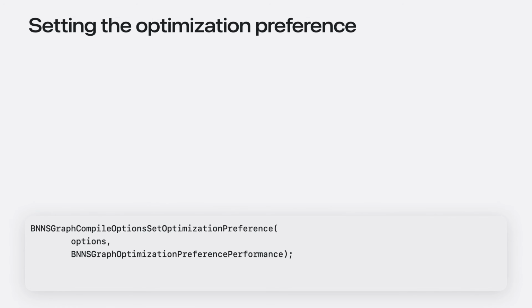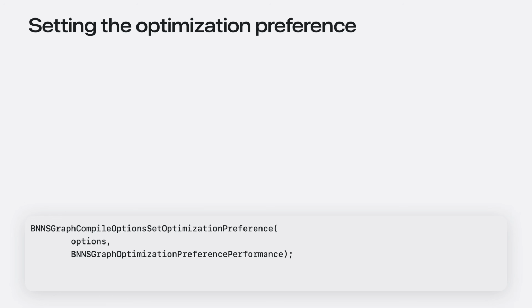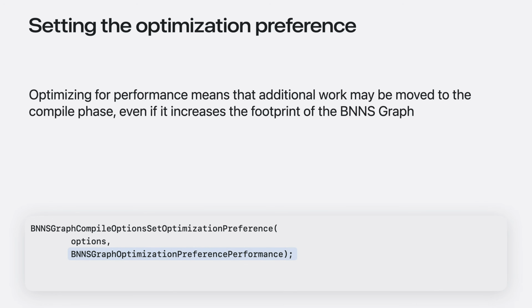Just before we move on, I'd like to briefly mention some other options. While we were working with the compilation options, we had the opportunity to set an optimization preference. By default, BNNS optimizes the graph for performance, which is perfect for the audio unit. Optimizing for performance means that additional work may be moved to the compile phase, even if it increases the footprint of the BNNS graph object. However, if the footprint of your app is important, you can also optimize for size.